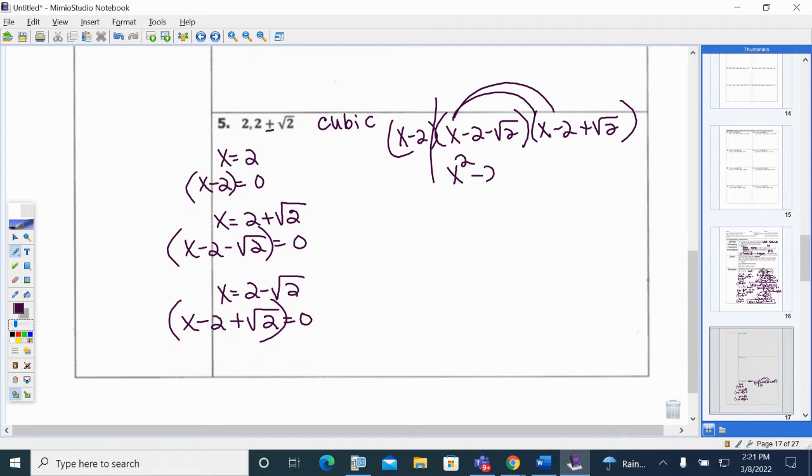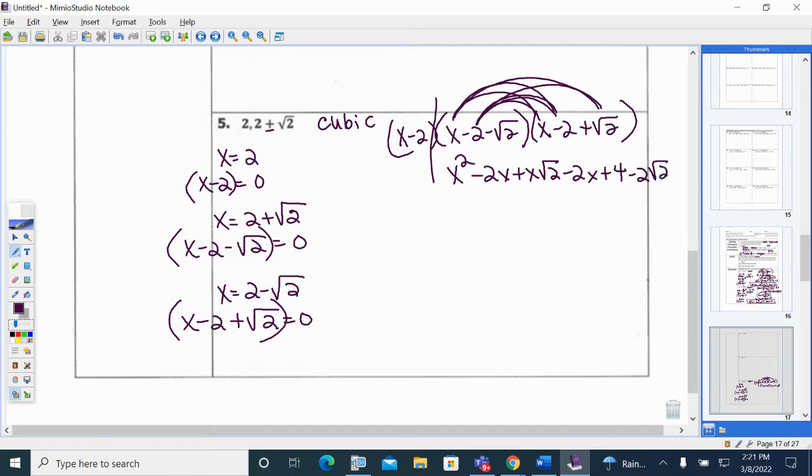X times negative 2 is a negative 2x. X times a positive radical 2 is a positive x radical 2. And then the negative 2 times x is negative 2x. Negative 2 times negative 2 is a positive 4. And negative 2 times a positive radical 2 is a negative 2 radical 2.